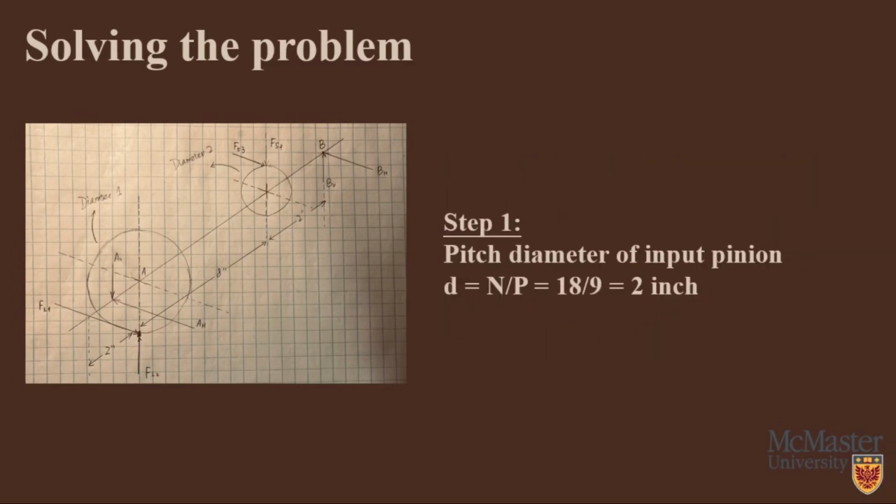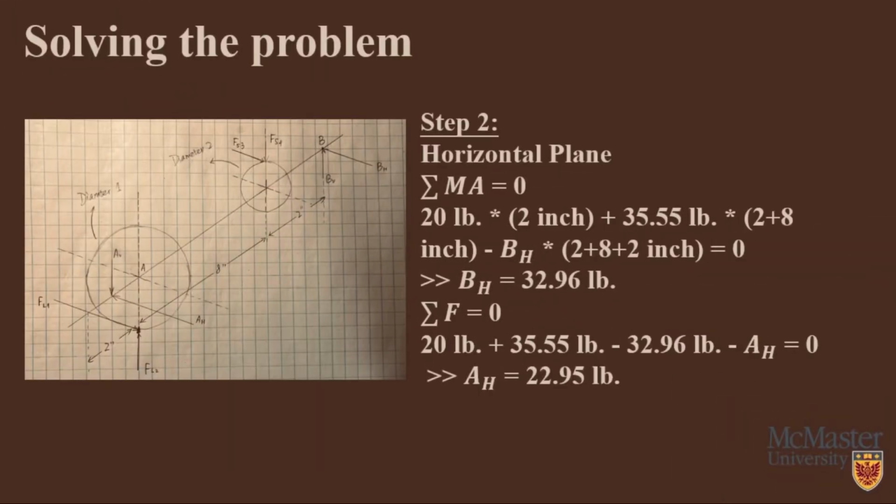Then step 1, figuring out the pitch diameter of the input pinion. D equals N over P equals 18 over 9 equals 2 inches. Step 2, about the horizontal plane. The sum of moments about A equals 0. 20 pounds times 2 inches plus 35.55 pounds times 2 plus 8 inches minus BH times 2 plus 8 plus 2 inches equals 0.